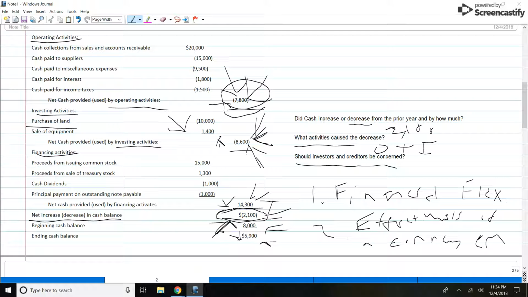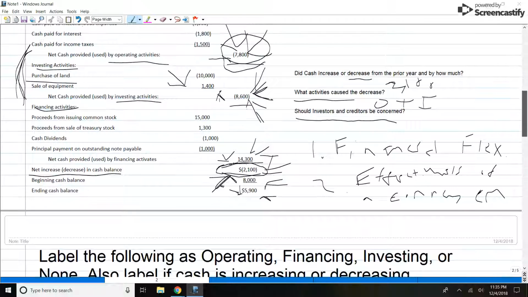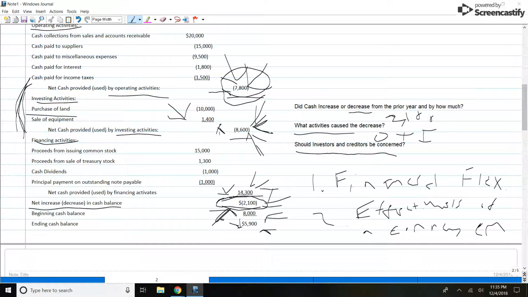That's not necessarily true, because in a company you don't really want a lot of cash sitting around. If all your cash sits in your checking account, you're not going to make enough interest on it, and inflation is just going to eat it up. So you really want to use your cash for investing activities, for example to purchase new assets and reinvest in the company. You want to make sure you have it and you're managing it correctly.